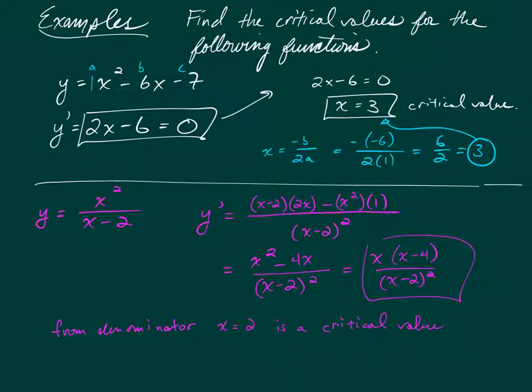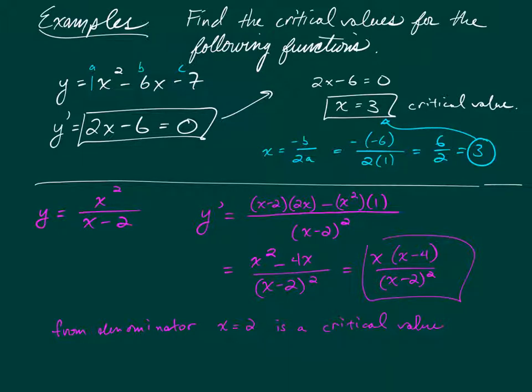And that's because if you substitute 2 in for all these x's, you will end up with a divide by 0, and that means the derivative is undefined at that value. So x equals 2 is a critical value.